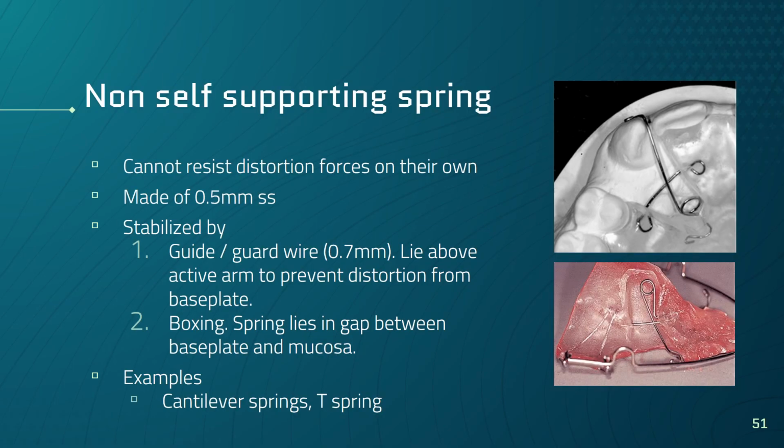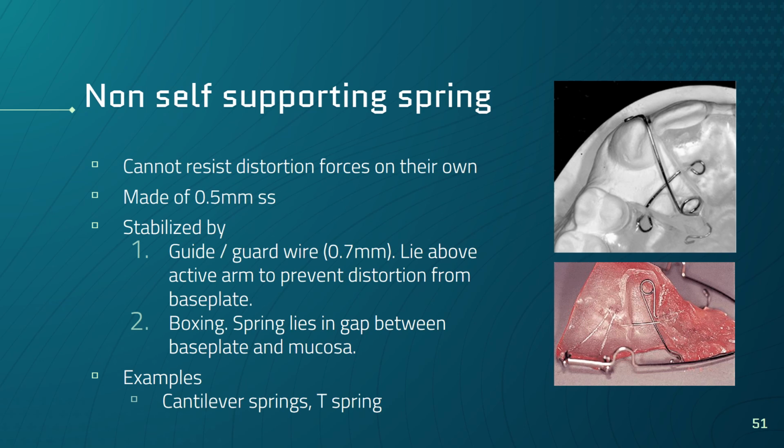Okay, the non-self-supporting springs, they cannot resist distortion forces on their own, and they are usually made from very flexible 0.5 millimeter hard stainless steel wires. Now, there's two ways of stabilizing such springs. One is to place a guard wire made from 0.7 millimeter stainless steel wire, and this will lie above the active arm to prevent distortion from the base plate.